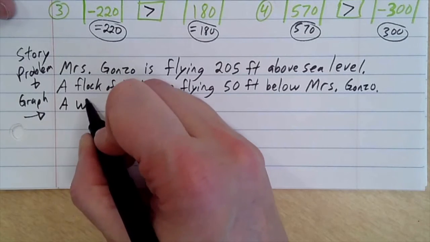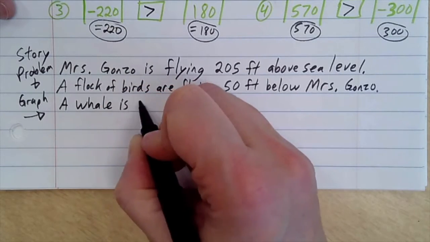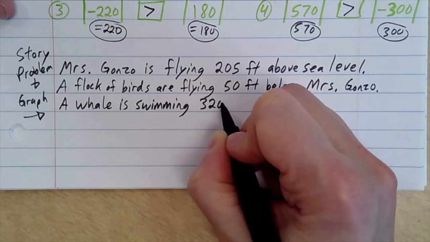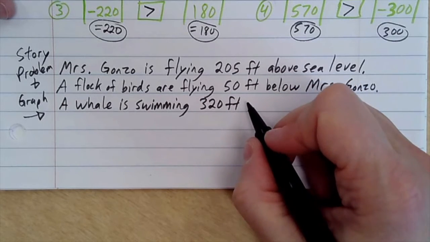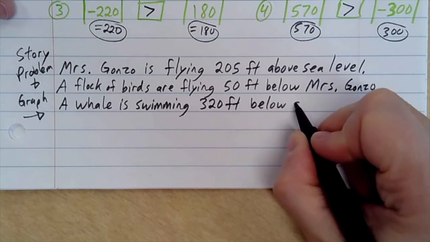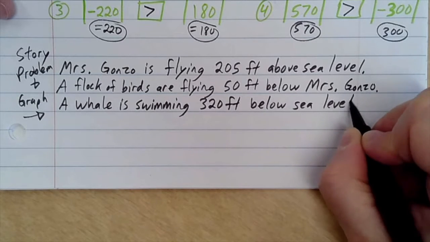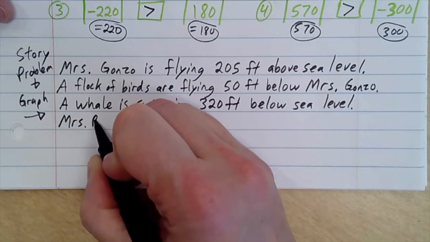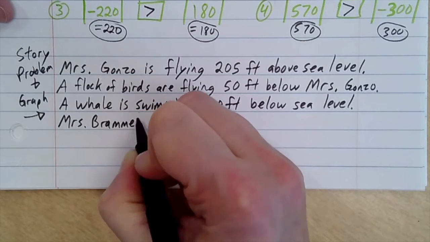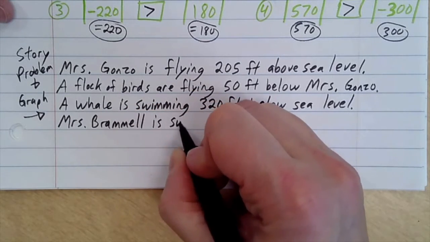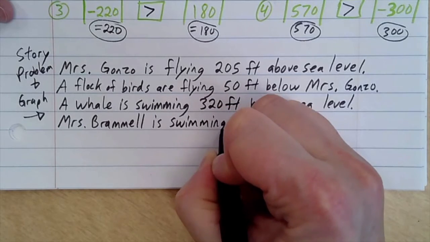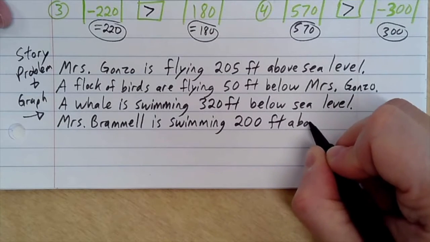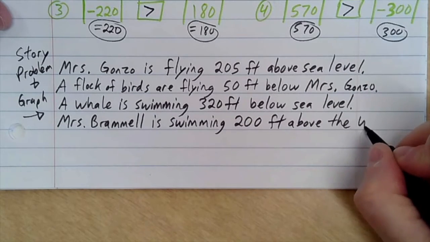A whale is swimming 320 feet below sea level. Mrs. Bramble is swimming 200 feet above the whale.